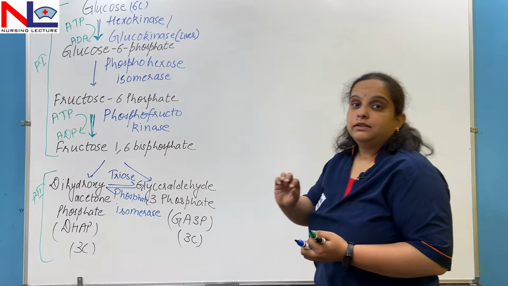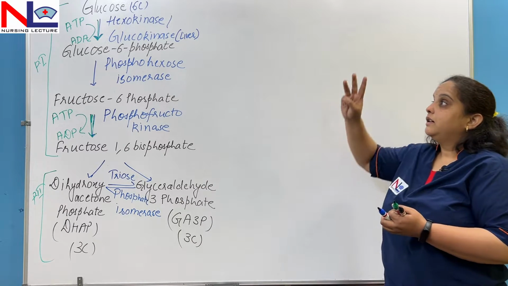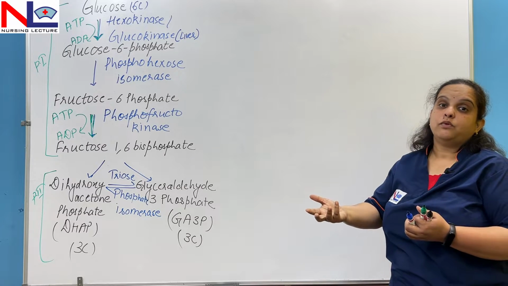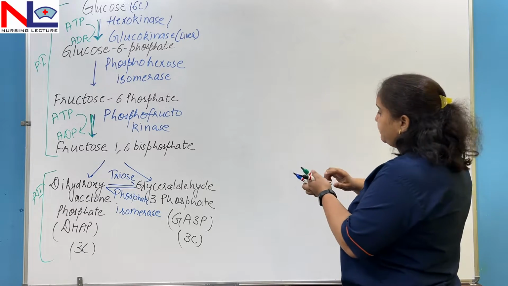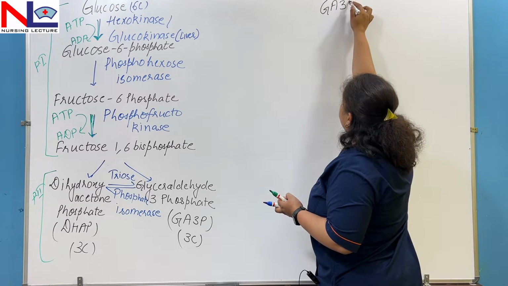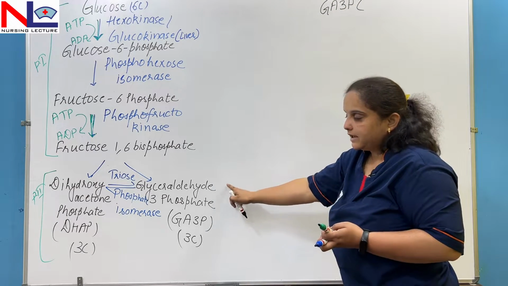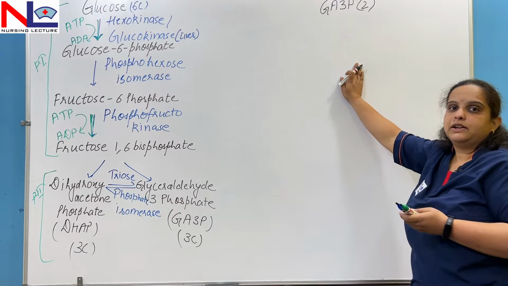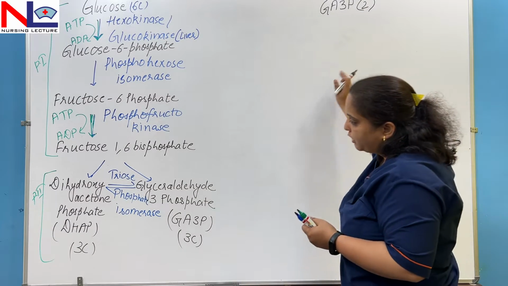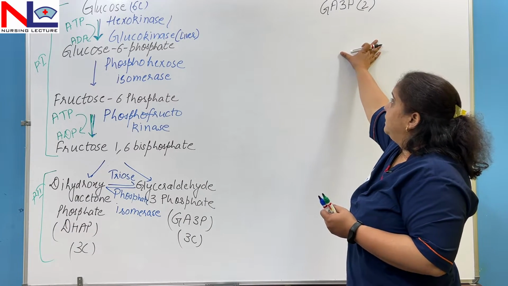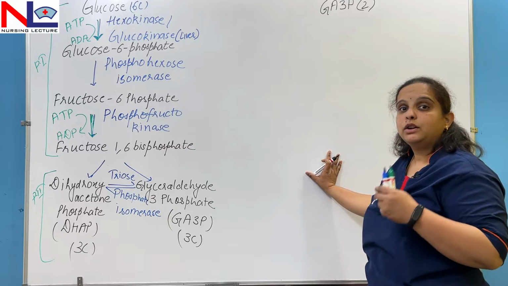Now after that the third phase comes, where this oxidation process starts releasing energy in the form of ATP. So first I have to write glyceraldehyde 3-phosphate, and as I mentioned, there are 2 molecules of glyceraldehyde 3-phosphate, because from this reaction onwards, every product will be twice.